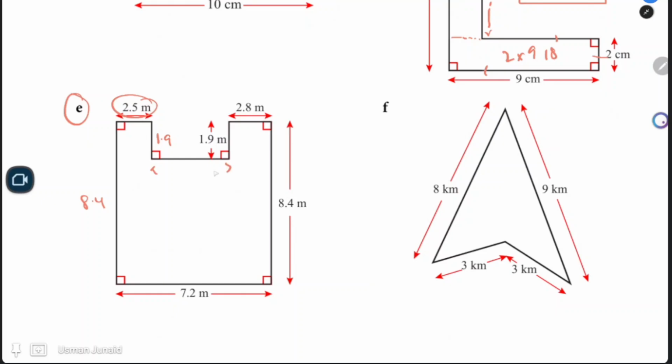And how much is this length from here to here? I haven't found this one. One second. So it's 0.3. No, wait, actually.